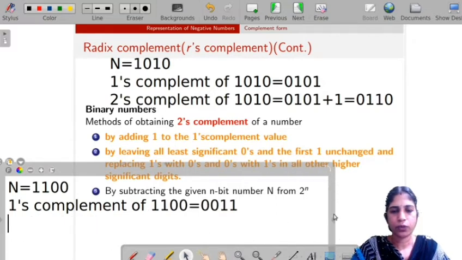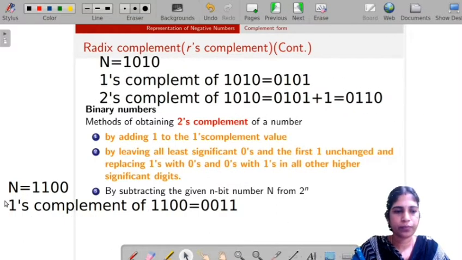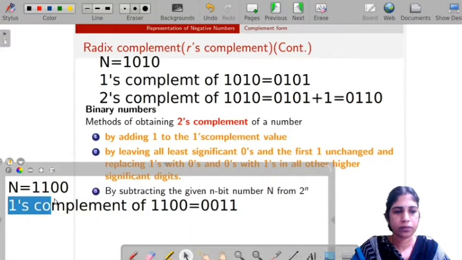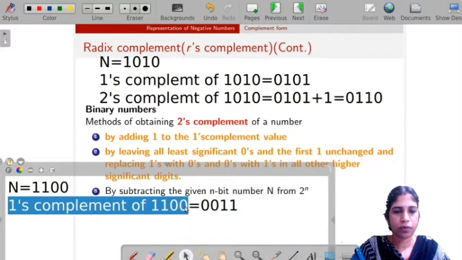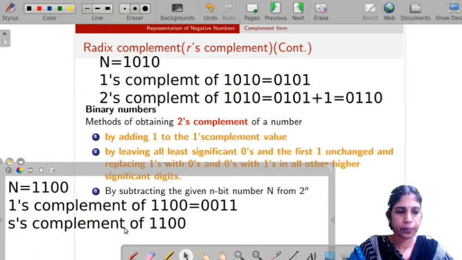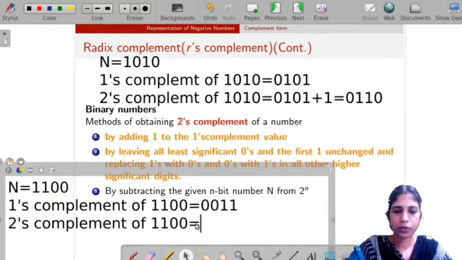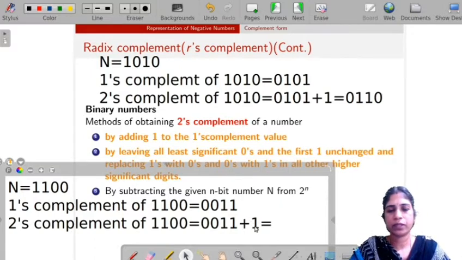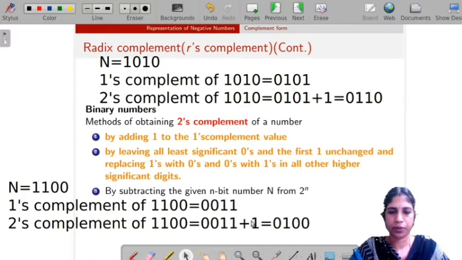Then we find the 2's complement, which is the 1's complement plus 1: 0011 plus 1 is 0100. So the 2's complement of 1100 is 0100. That is the 2's complement of a binary number: simply add 1 to the 1's complement.